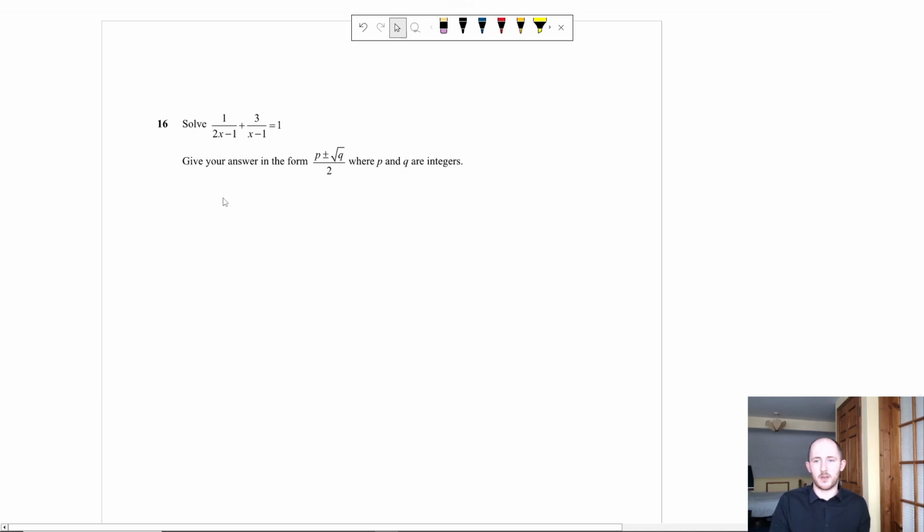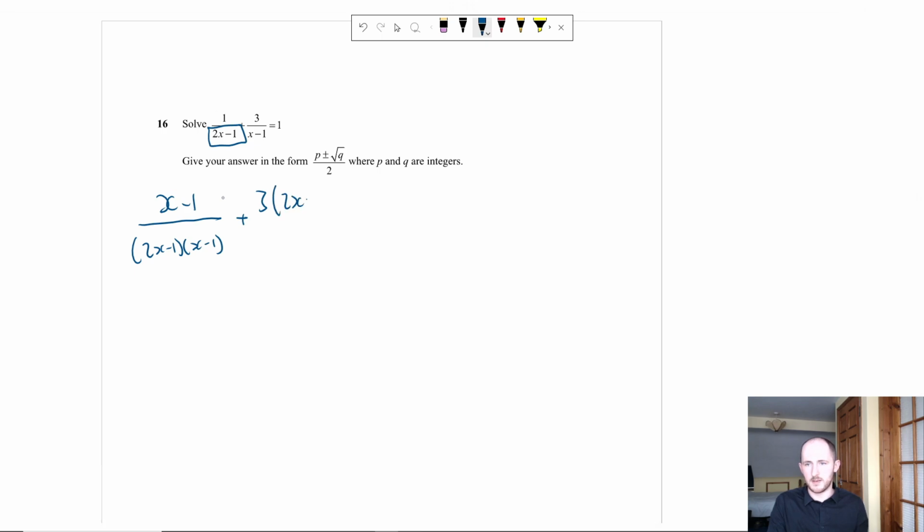Okay, so 1 times x minus 1 gives me x minus 1. That's over 2x minus 1, x minus 1, plus 3, and we're timesing it by this denominator now. So that's 2x minus 1 over, and I'm going to write it in the same order just so it's super duper clear, equals 1.